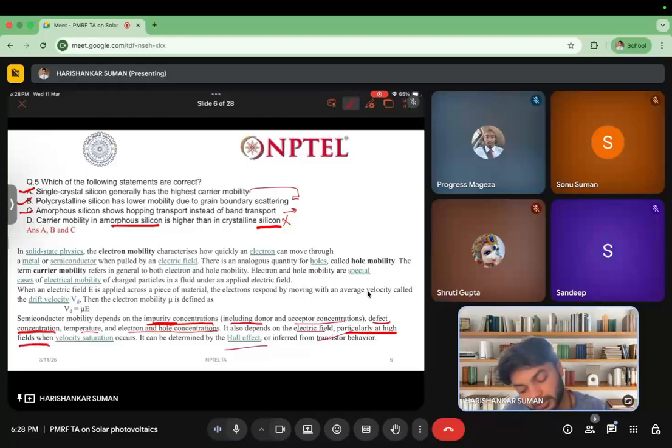It can be determined by the Hall effect. If a question is asked in the exam like that, how can you determine mobility experimentally, with options given as Hall effect and others, you have to choose Hall effect. Clear? For semiconductors.